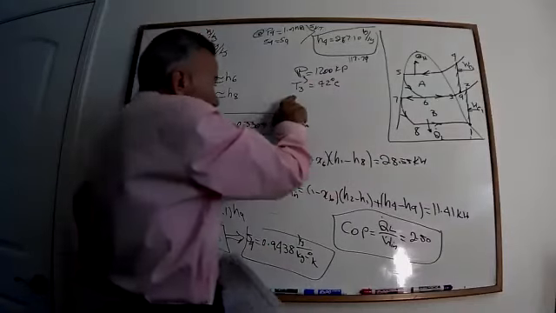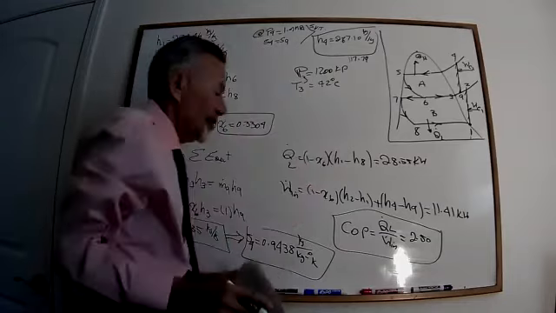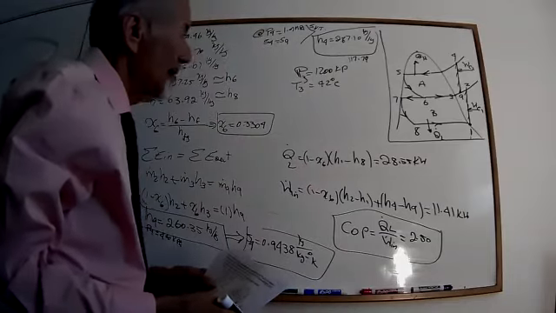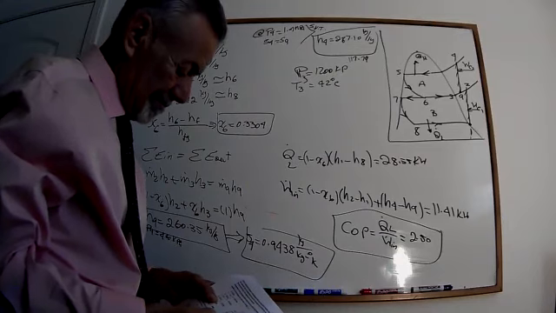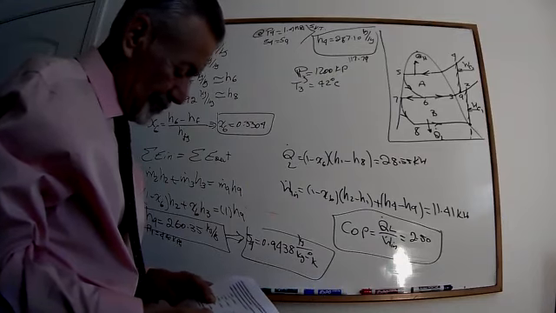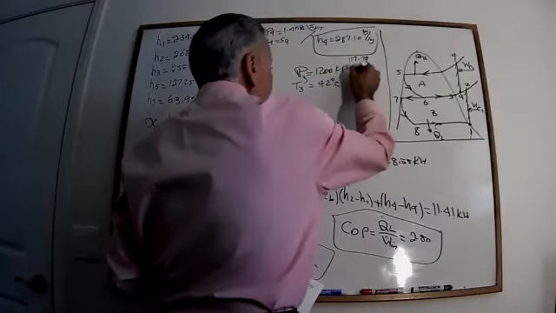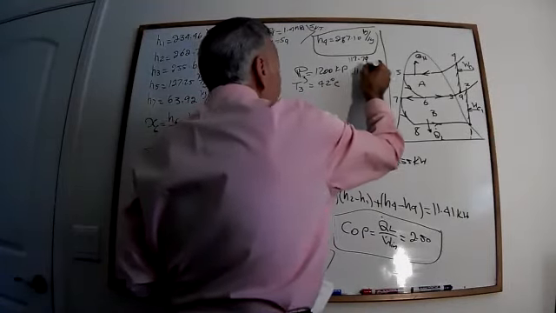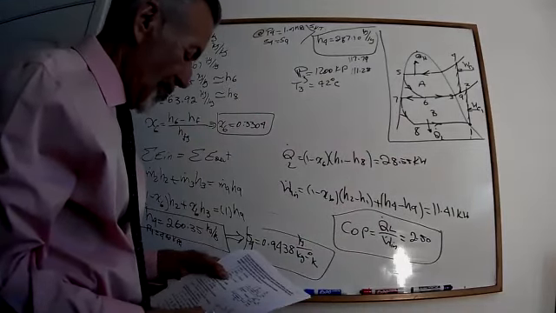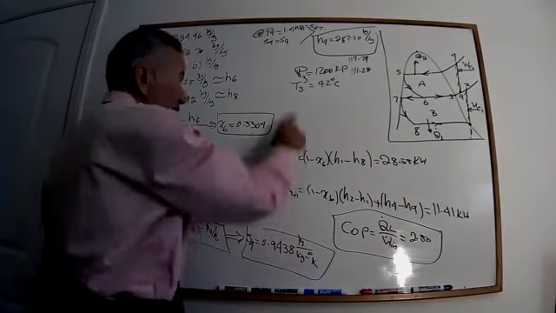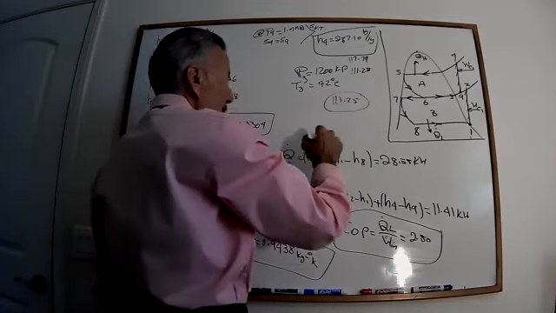Now, forget about the pressure, look at the temperature. What do you see on that temperature? For that temperature, H of F is 111.28. Now, what did we say that H value was? 111.25. Yeah, that's what you wrote down.